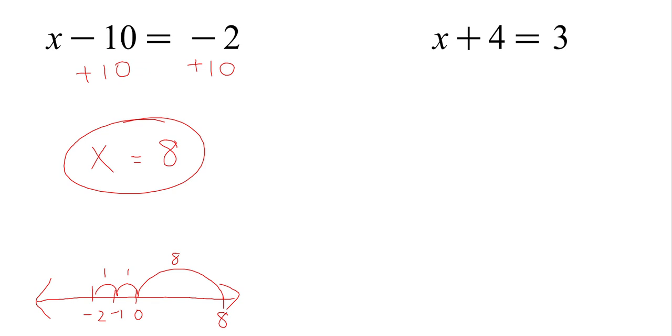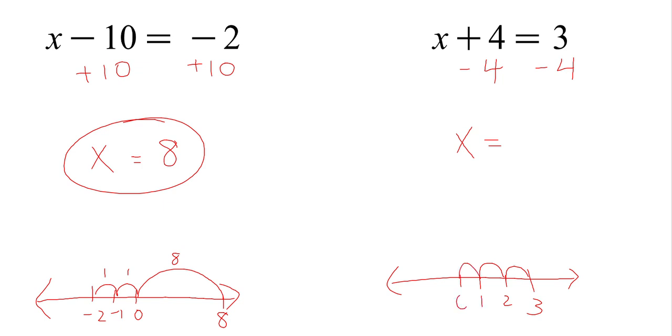Okay. And here we've got x plus 4 equals 3. The operation to the x is a plus 4. So we'll do the opposite and subtract 4. And we then end up with x equals 3 minus 4. Again, if you want the number line, do it. 3 is over here somewhere. If we subtract 4 from it, well, that'd be 2, 1, 0.